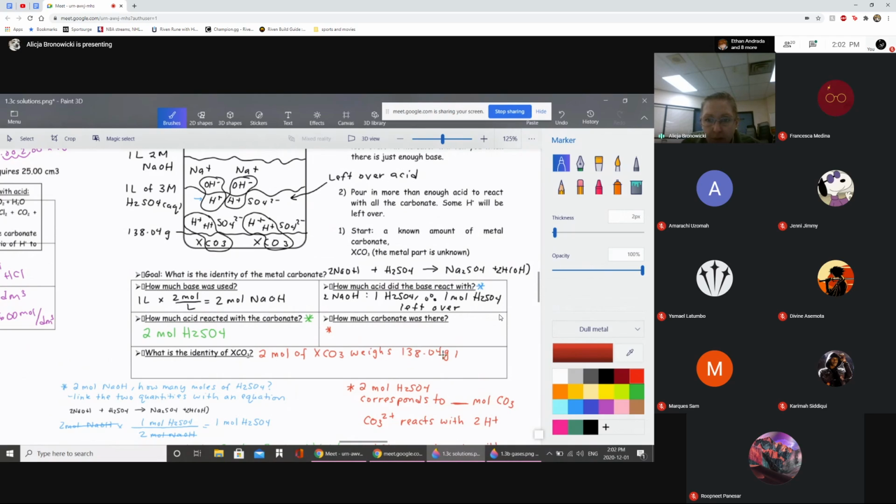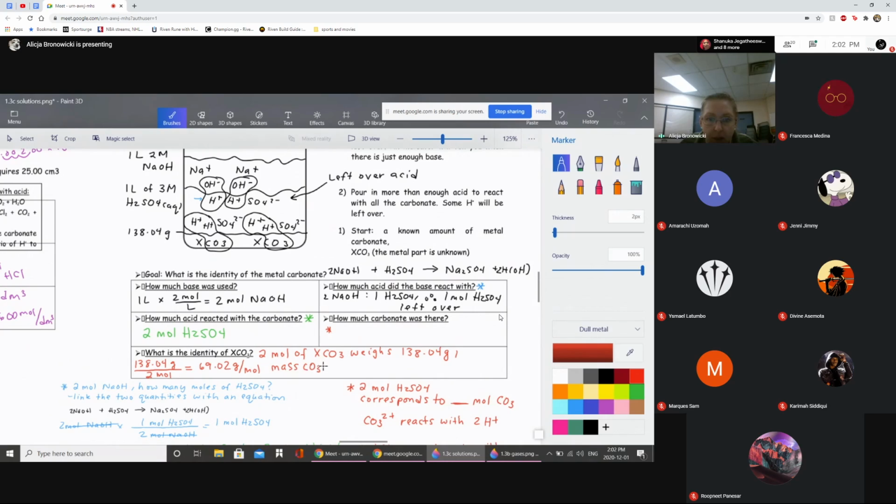So if I took 138.04 grams, divided by 2 moles, that is 69.02 grams per mole. So my molar mass of this XCO3 is 69.02 grams per mole.